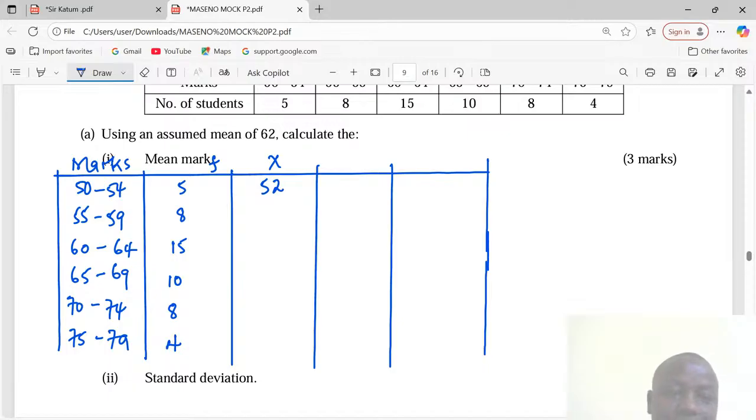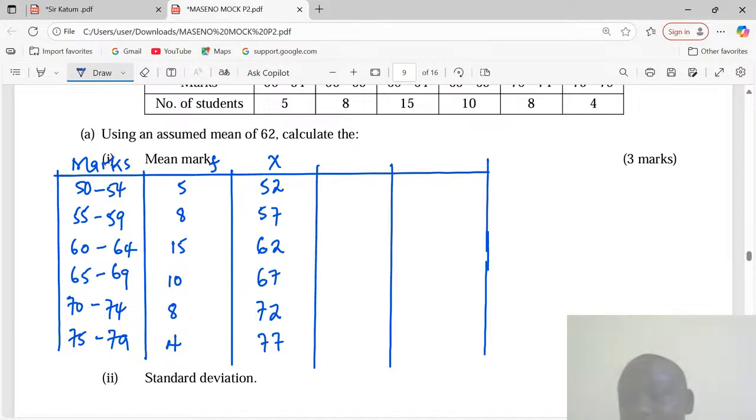Same for 55 and 59, we have 57. For 60 and 64, we have 62, 67, 72, 77. Those are the midpoints.